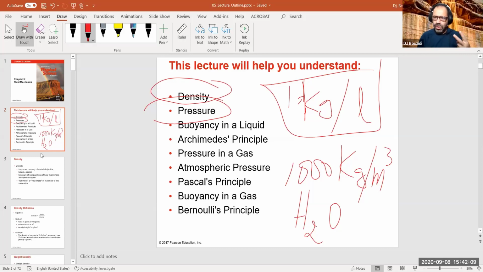Now we have other measures to describe static fluids, using the concept of density and the concept of pressure. Later on, we will talk about buoyancy, which is a force exerted by fluids on any object that is inside of them, okay? And then we'll talk about Archimedes' principle, which is how we measure the buoyant force.